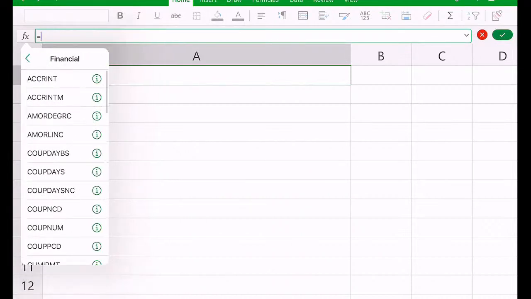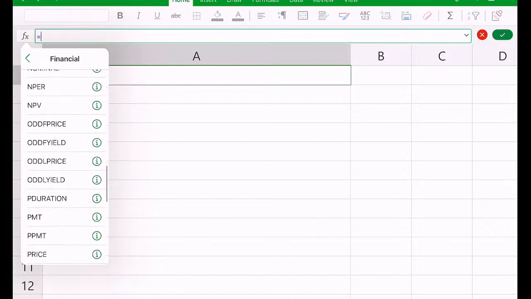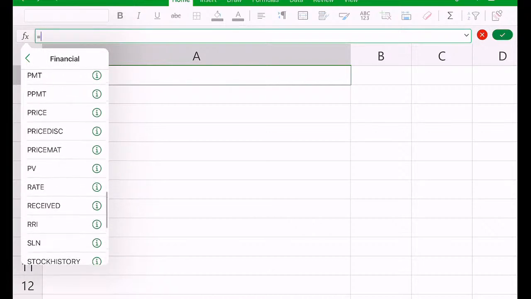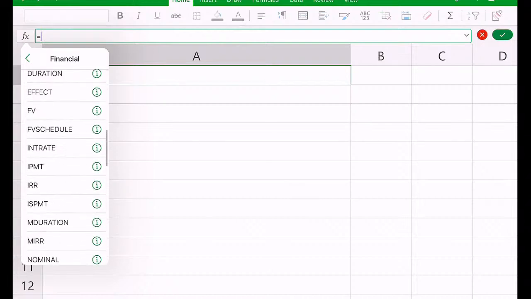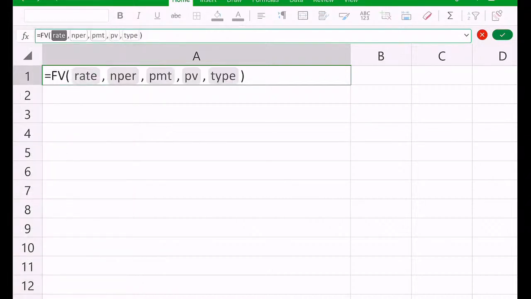I hit financial, and then I have to scroll. This is different. So FV, if I want the future value, I get to enter the rate, the number of periods, payment, PV, and type. So let's go one at a time.